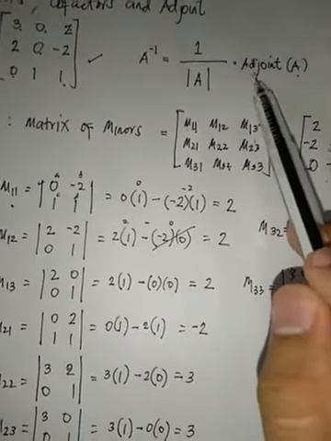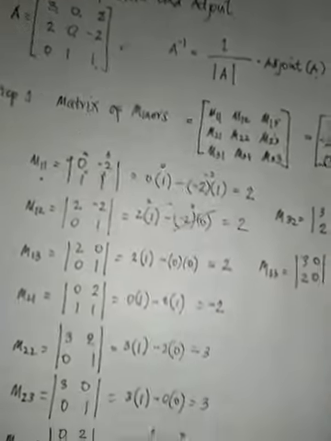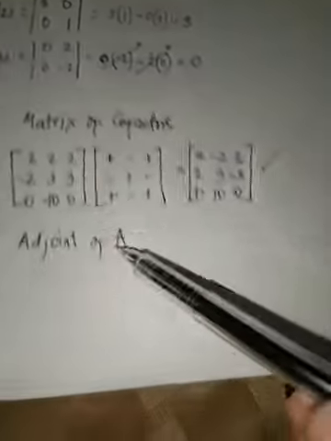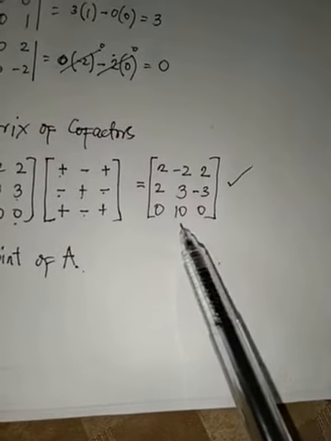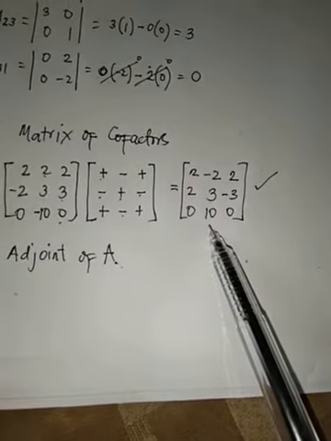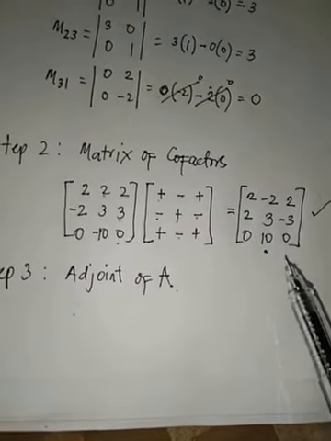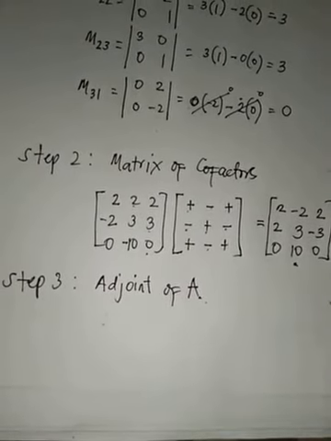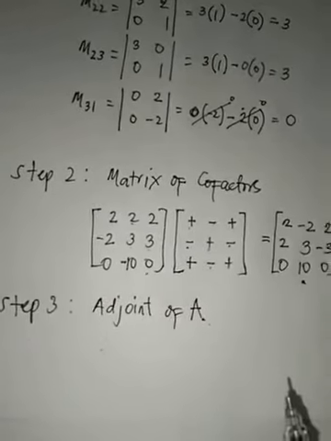So, yan yung purpose kung bakit meron tayong adjoint, meron tayong minors at saka cofactors para makuha natin yung adjoint of A. Kasi ang adjoint of A is just only the transpose of our matrix of cofactors. Diba? If you still remember in part 1, diba? How do we able to transpose a matrix? Okay, you need to interchange the rows and columns.